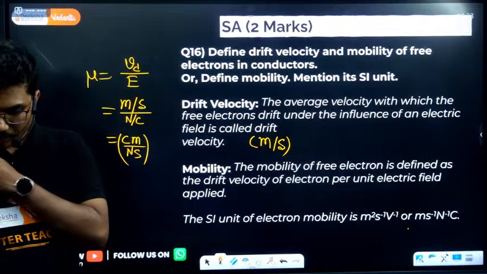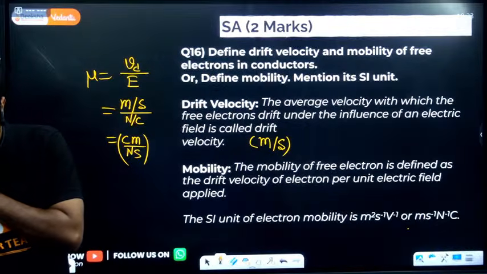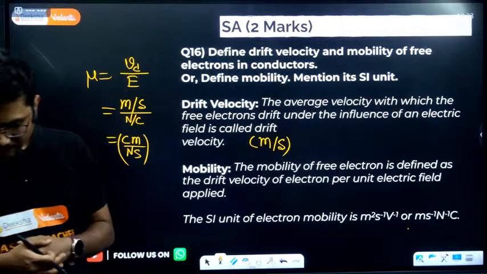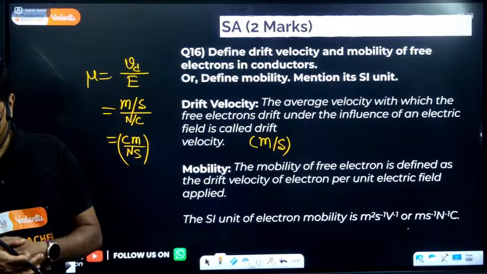Okay. So Srivansh, what is the meaning of how to read? I don't understand the point.